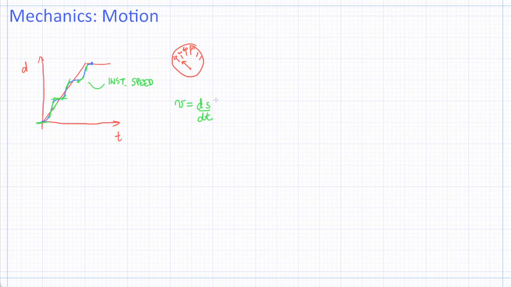If you have a discrete problem, you would approximate this to delta s over delta t. So this would be a change in position and a change in time. For instance, final position minus initial position over final time minus initial time.